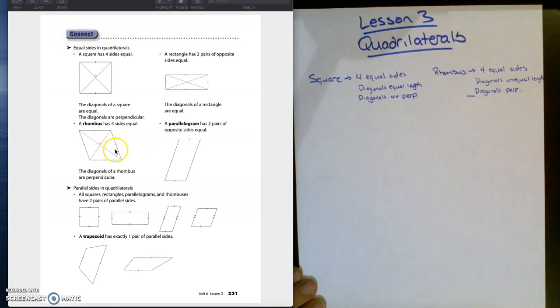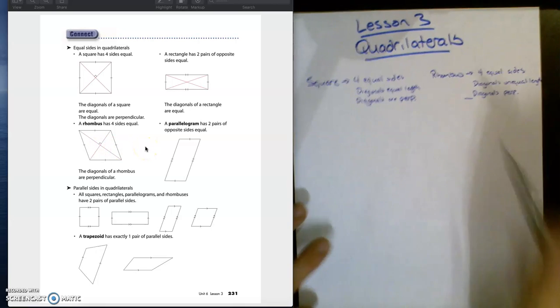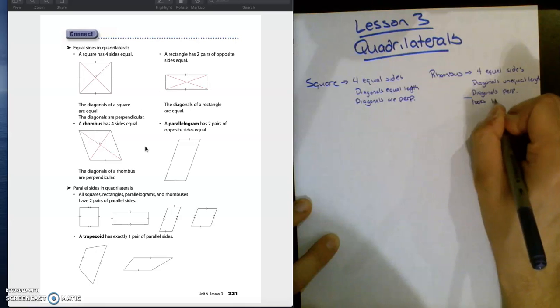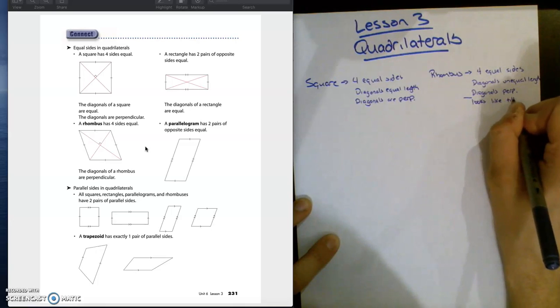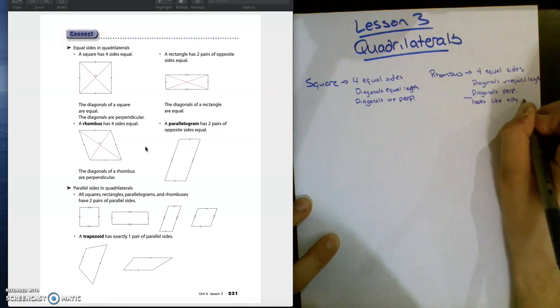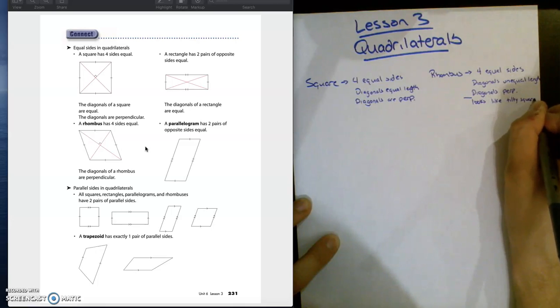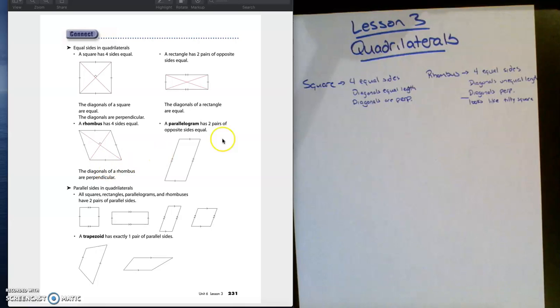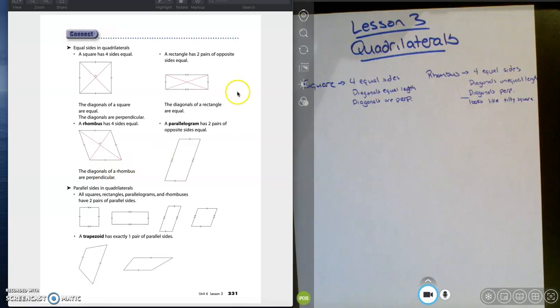If you look at this picture of a rhombus, it looks like a tilty square. It looks like somebody took a square and just kind of pushed it over a little bit. That's an easy way to tell if it's a rhombus by looking at it, but you've got to go through all these attributes as well.